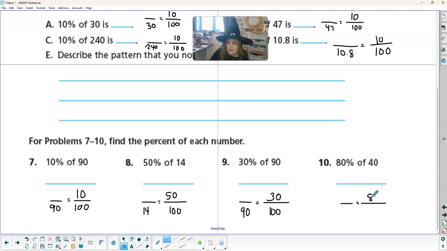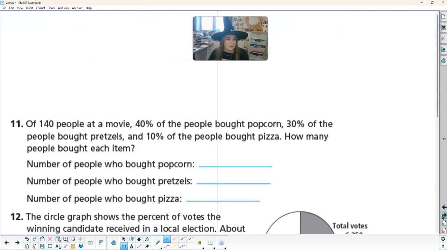And this one here, we have 80 out of 100. 80% is what out of 40. So these ofs are telling us it's the total. It's this out of 90, out of 40. So you've got to find that number that goes on top. So crisscross multiply, then divide by 100.